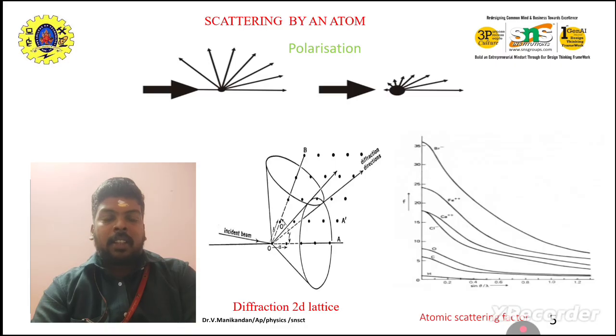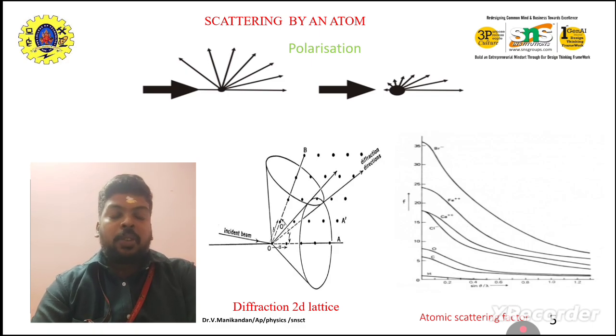Another atom is also excited by the X-rays and scatters again. The two wave fronts scattered from the two different atoms interfere and produce a diffraction point, and that direction is called a diffraction point.